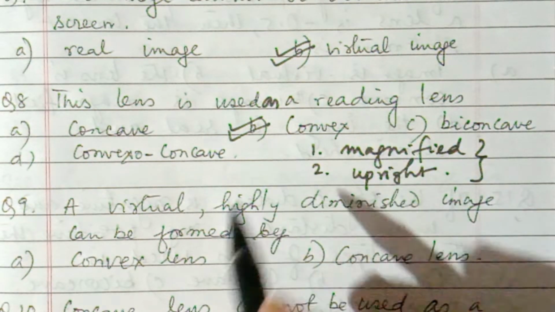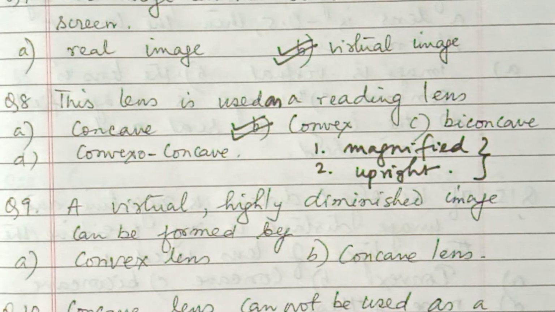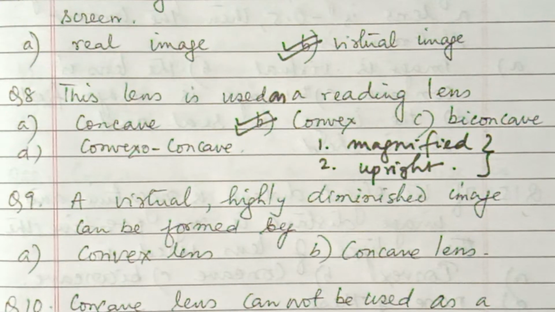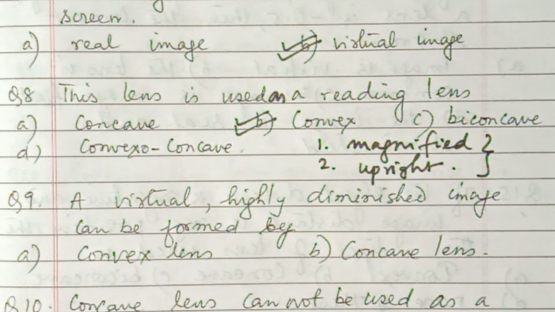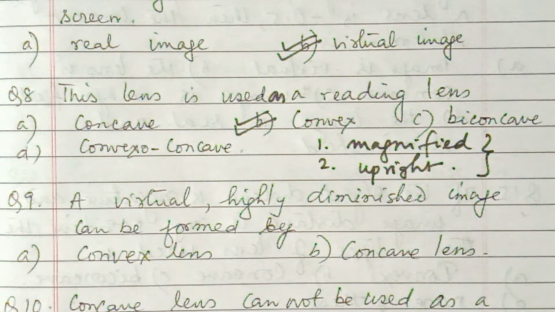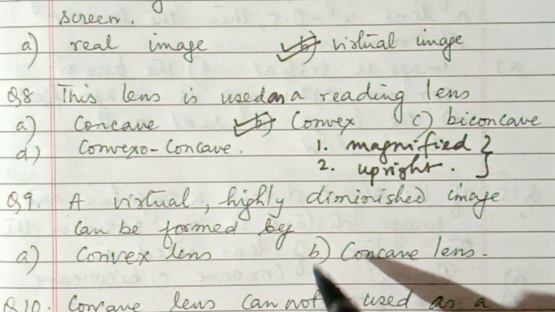So convex lens can form a magnified image, but it is virtual. Concave lens always forms a virtual, diminished image.